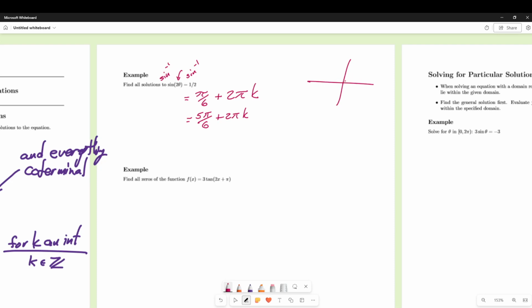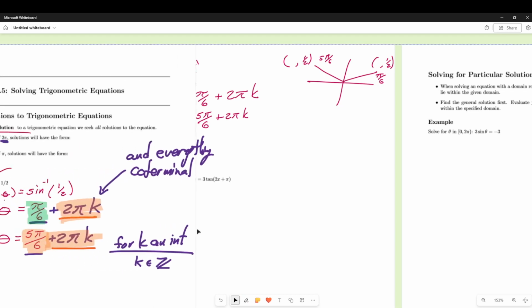Again, if you look at your unit circle, both pi over 6 within the restriction and 5 pi over 6 outside of the restriction, both of those have a sine value of 1/2. And anything coterminal will also work. So we get those two sets of solutions, just like we did on the other one over here.